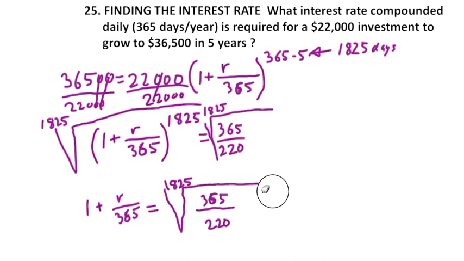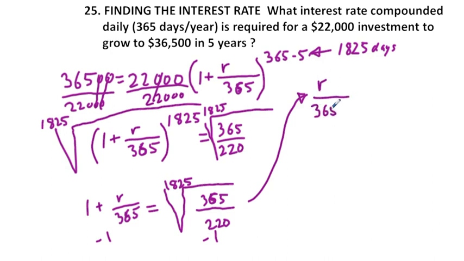And then, not finally, but if we subtract 1 from both sides of this equation, we're going to have r over 365 is equal to this 1,825th root of 365 over 220, and that's going to be minus 1.